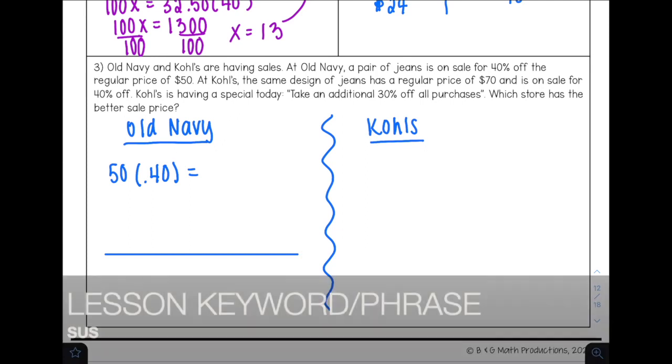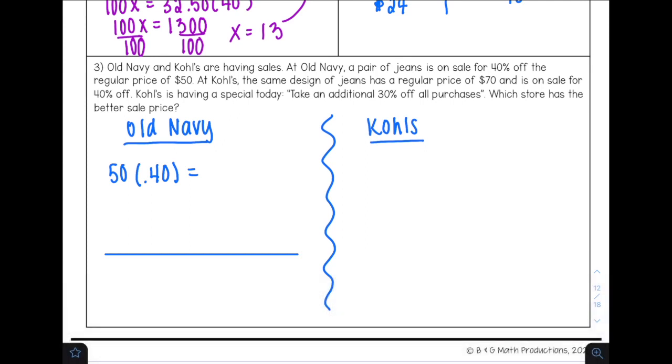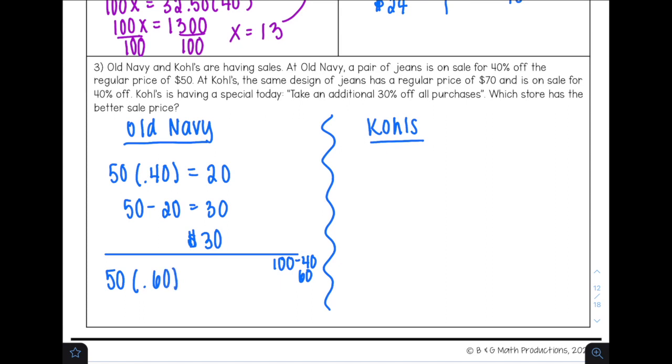So I have $50 and then I'm going to take this off. I'm going to get $20, so 50 minus 20 is going to equal 30. So $30 are going to be my jeans. If I did 50 and then I know 100 minus 40 is 60, I know I'm paying 60%. 50 times my 0.6 is going to be the same thing, and I'm going to get $30.